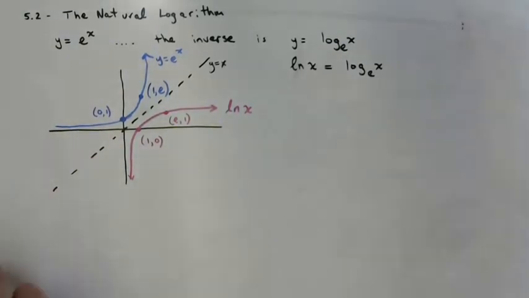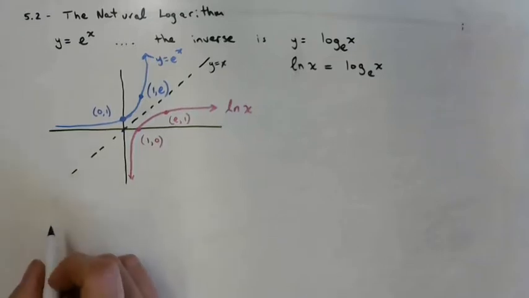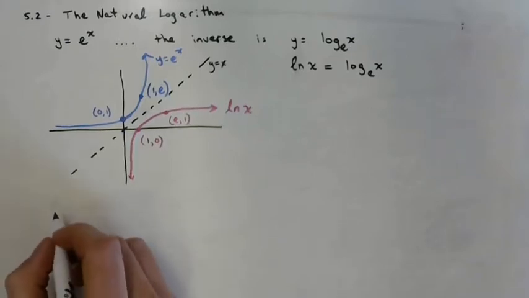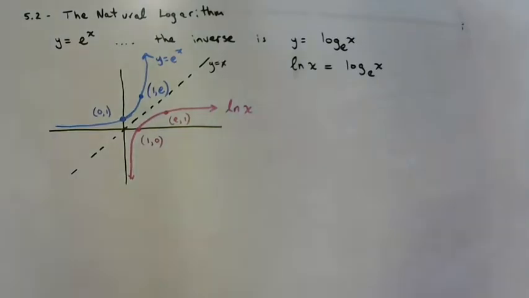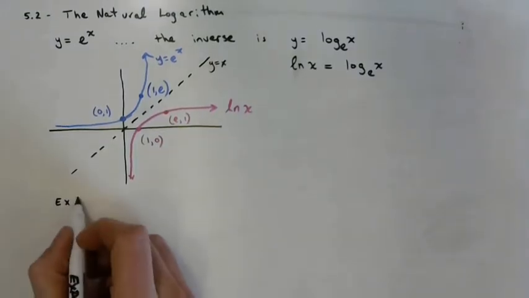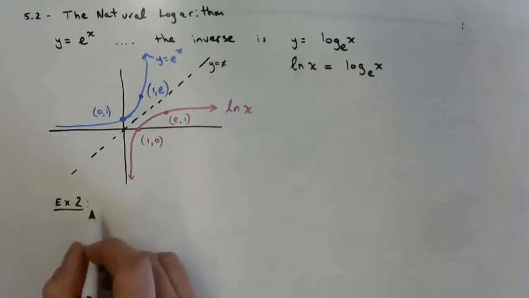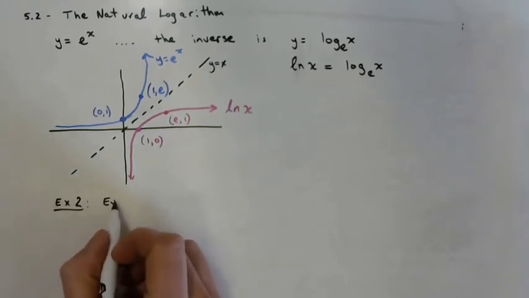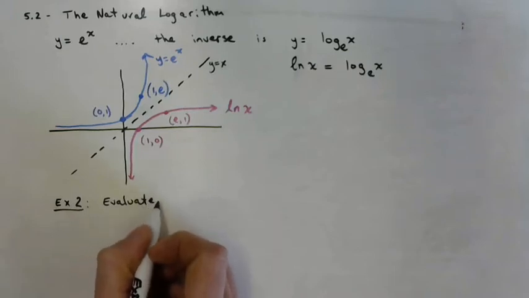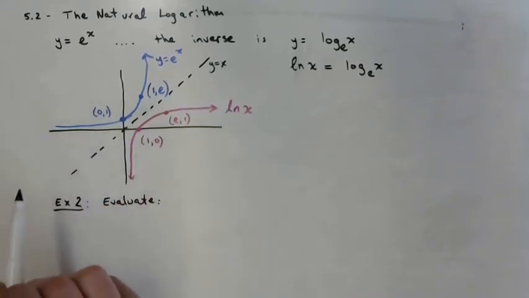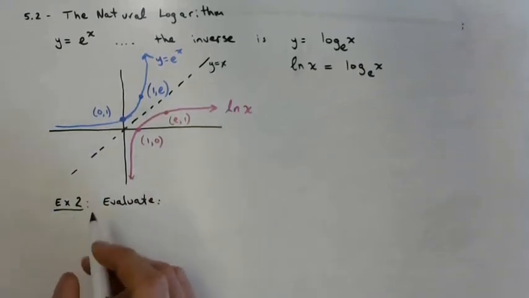You can calculate things using e the same way as you would with other values. Your calculator is really helpful there. So if we look at example 2 for lesson 5.2, we're just evaluating expressions using e.